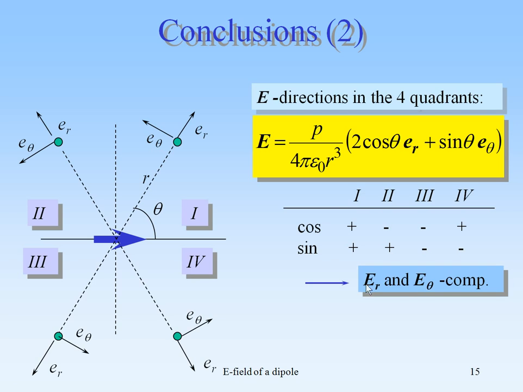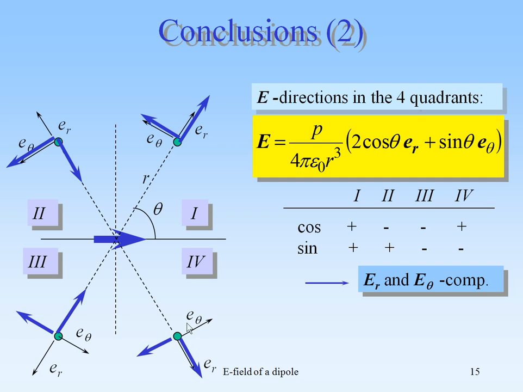And this means that for the ER and E theta components it will be these contributions, and here these contributions, because the cosine is negative but the sine is positive. Here we have both contributions negative, cosine and sine, and here the sine is negative.